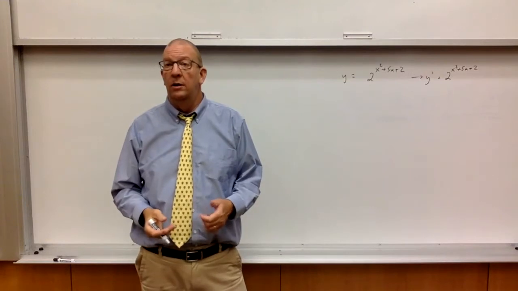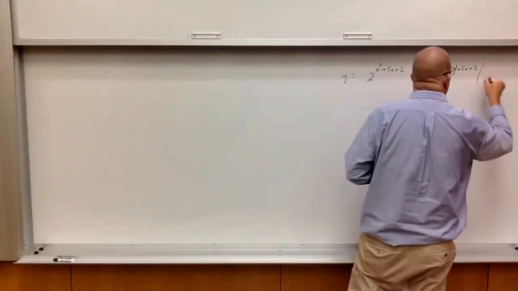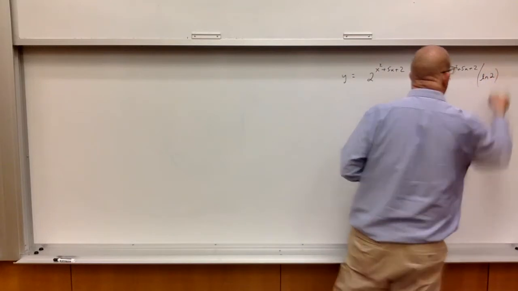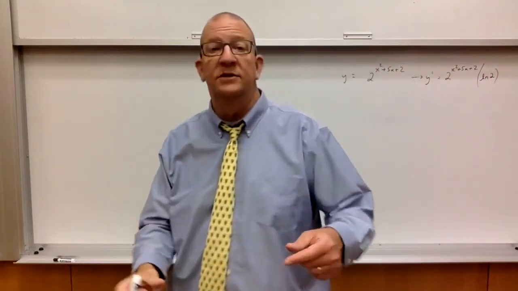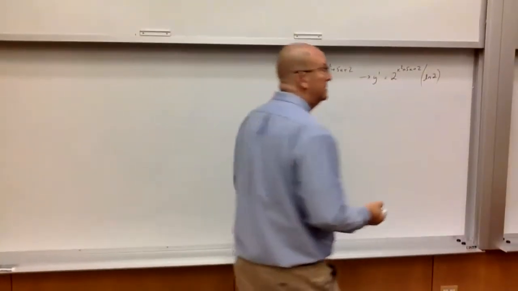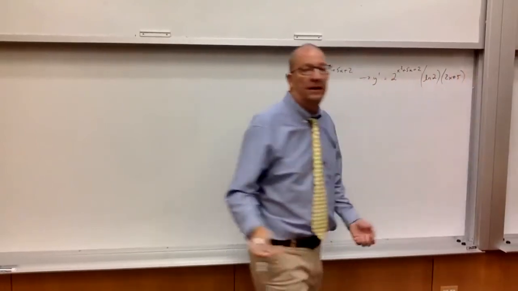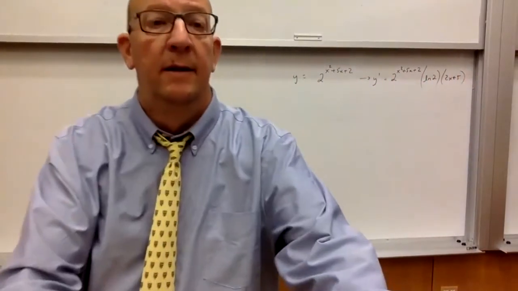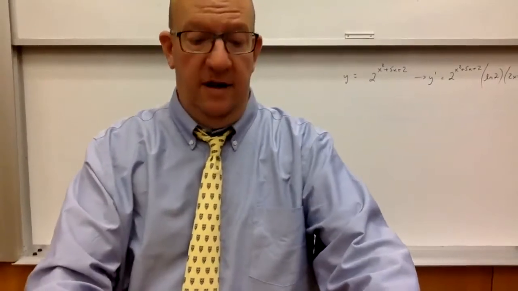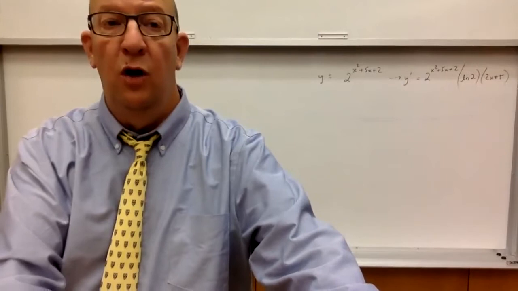Then we're going to go times the natural log of 2. And then times the du dx, which in this case will be 2x plus 5. Done. This should be something you know.